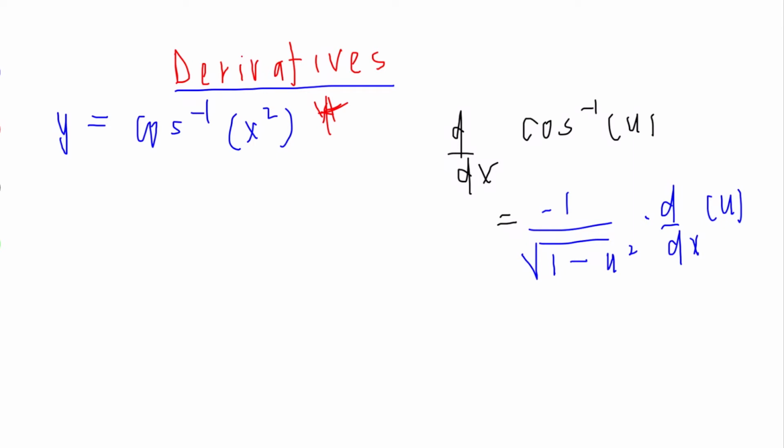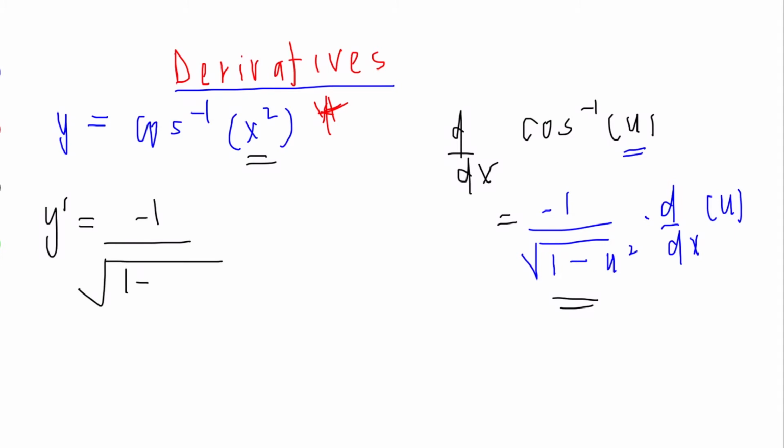This is the formula that we're going to use to find the derivative for this function. Our u here is basically this x squared. First, we make it like this, and then we multiply it with the derivative of u. So to find the derivative of y, we first take minus 1 all over the square root of 1 minus u squared.